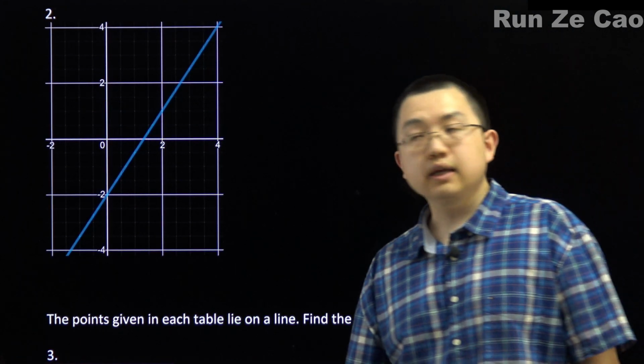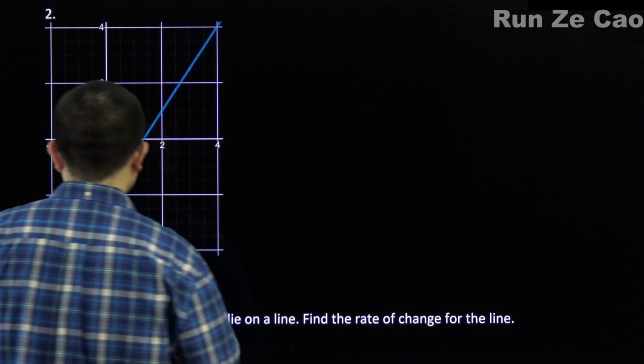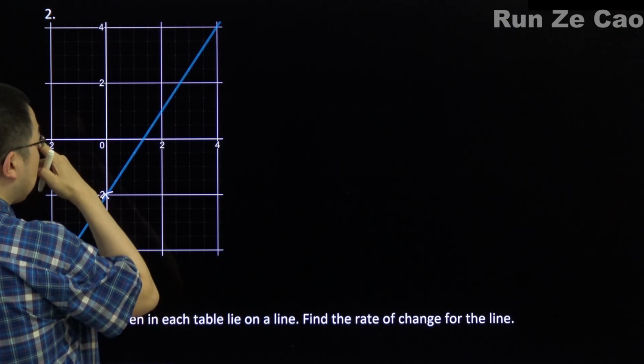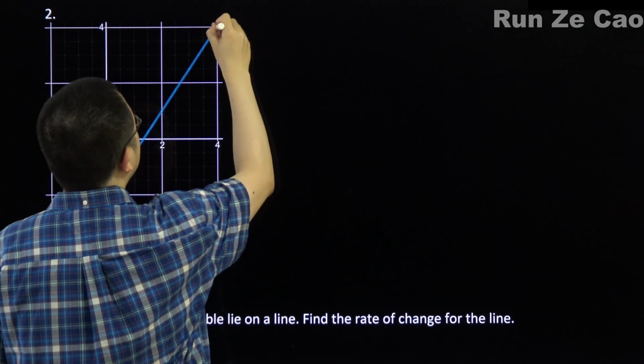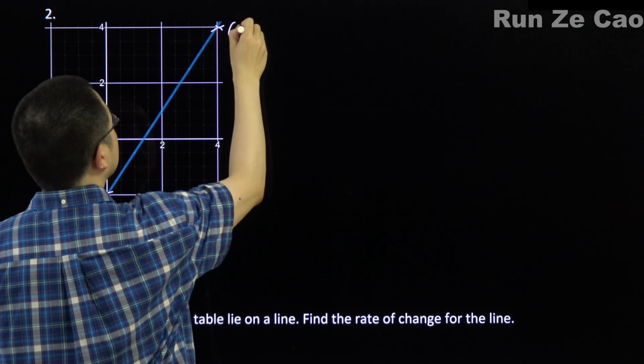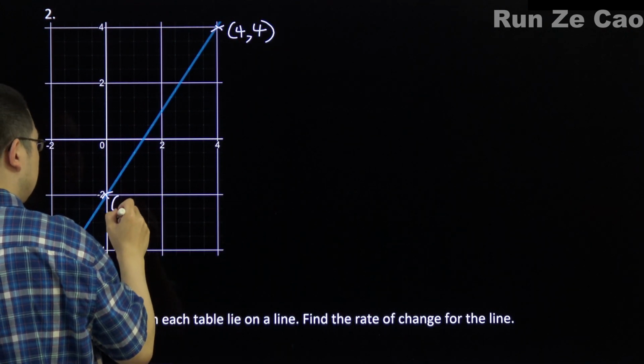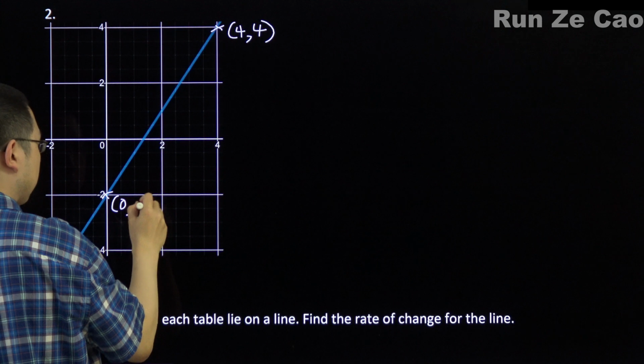Now for this line here, I know that these points are actually on the line. Normally, when you're given a diagram, you should not assume like this. It's really not a good idea. But in this case, I just give them to you.